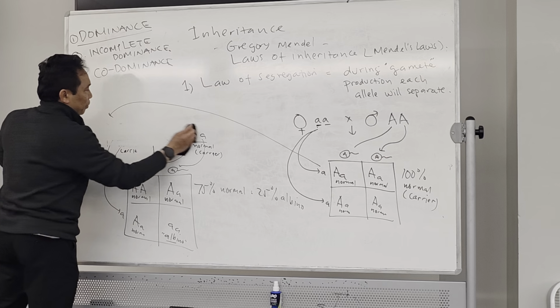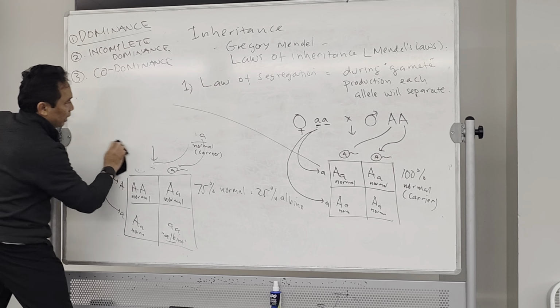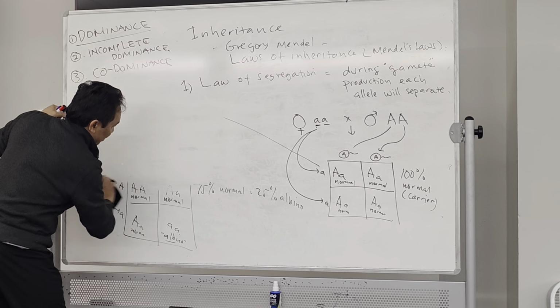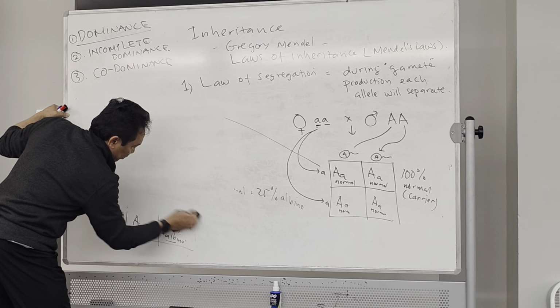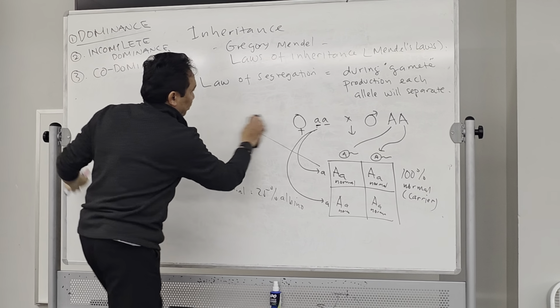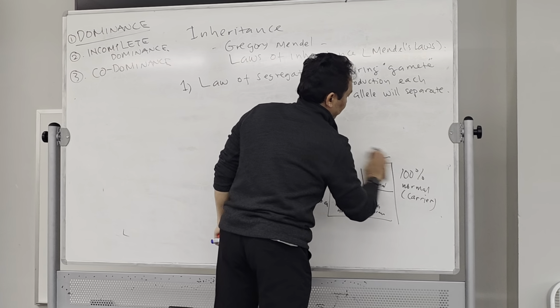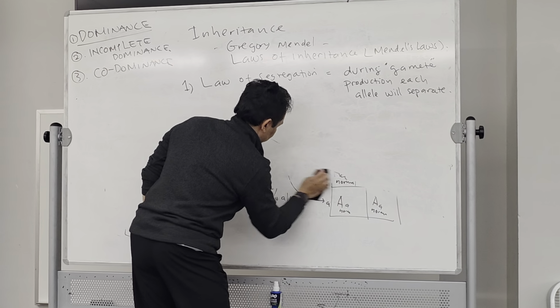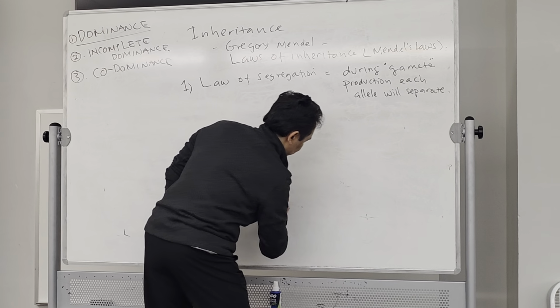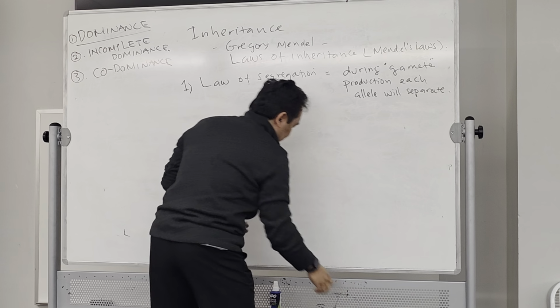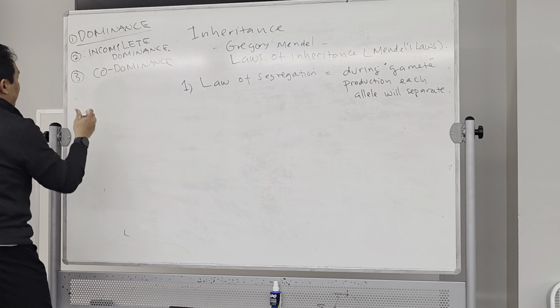Now, I'm going to give you another example using incomplete dominance. There are some human characters that are incomplete dominance. We're going to use hair type, hairstyle.